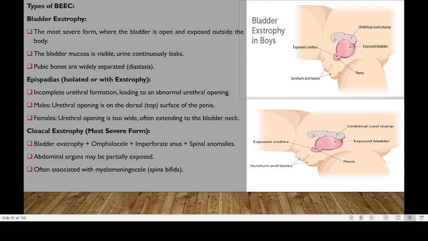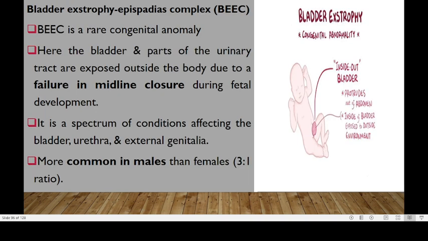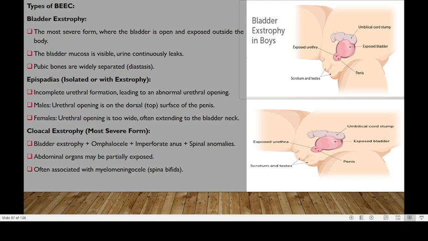So bladder exstrophy, of course, we have the types of bladder exstrophy. The first one, we have bladder exstrophy. That is the most severe form, where the bladder is open and exposed outside the body. The bladder mucosa is visible, urine continuously leaks, pubic bones are widely separated.